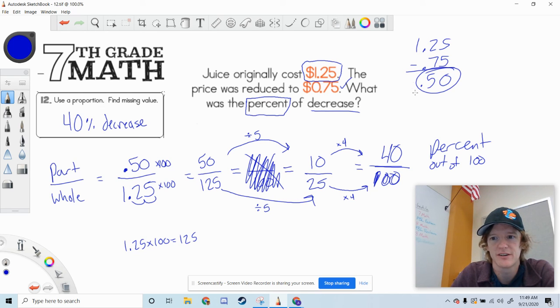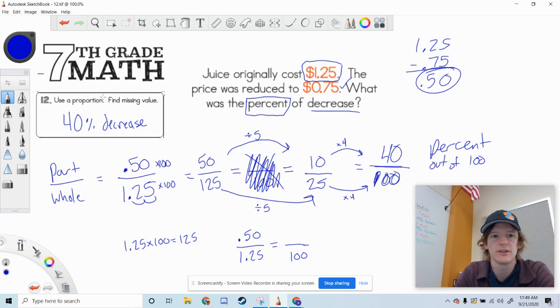All we did was figure out how much we went down, then we wrote it as a fraction, and then we went out of 100. If we were to use a calculator, with 0.50 out of 1.25, we could have set this up as out of 100.